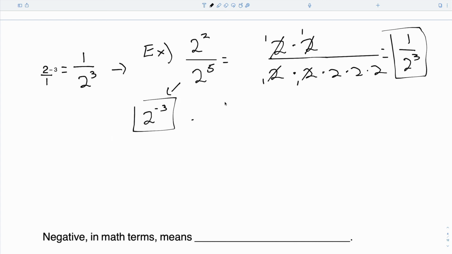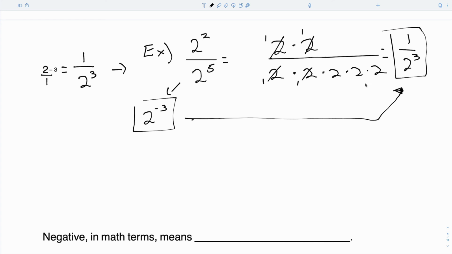So yes, this equals this. How? 2 minus 5 is negative 3. Do you agree? 2 minus 5 is negative 3. Yeah. We just proved that if you expand this, it also equals 1 over 2 to the third.